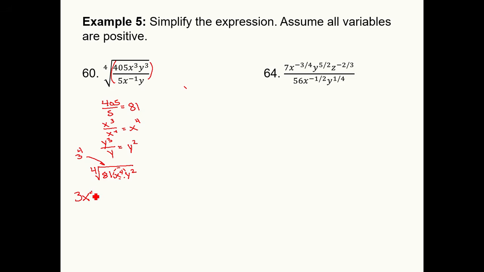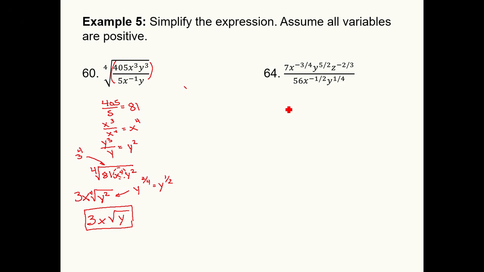All that's left underneath is this y squared, and I can simplify that. That's like y to the 2 over 4 power. Hey, that's the same as y to the 1/2 power. So my final answer should be 3x times the square root of y to the first. There's a lot of simplifying steps here, but really, once we have a knack for knowing all those properties, they really mesh together very, very nicely.